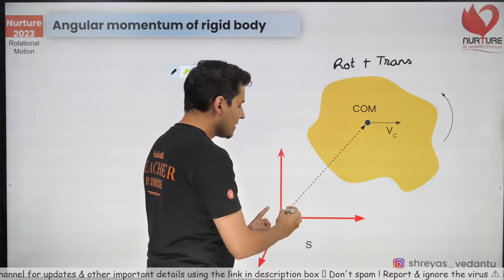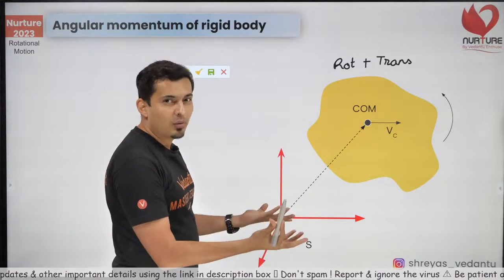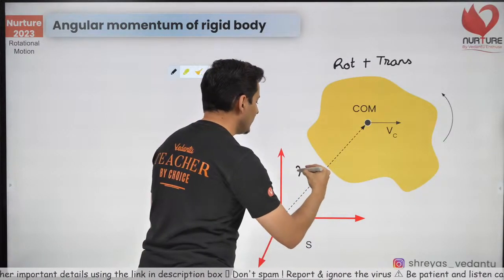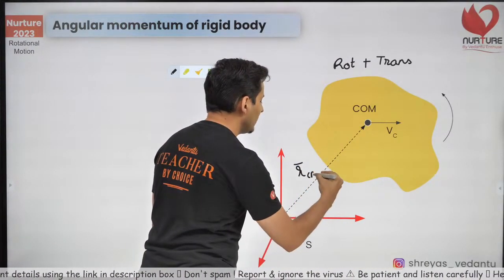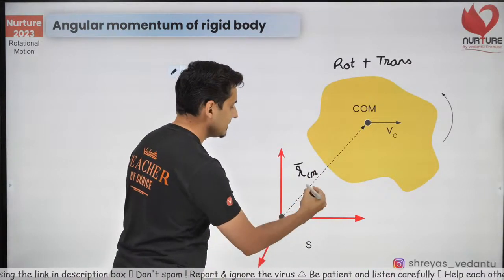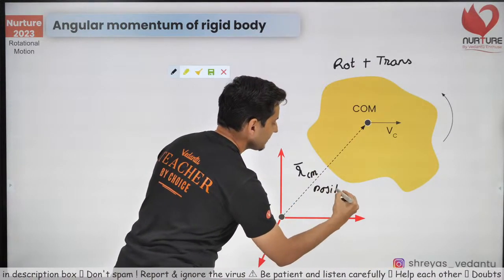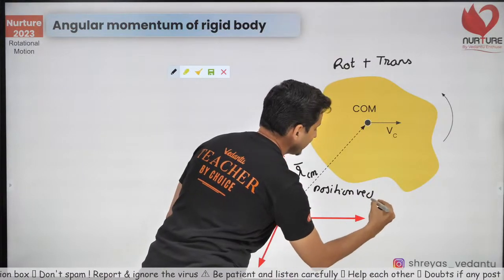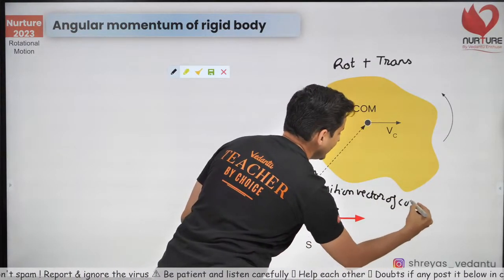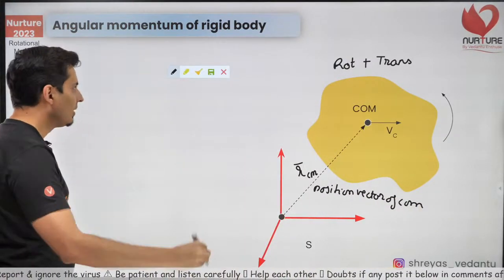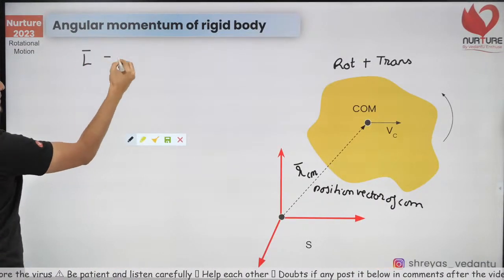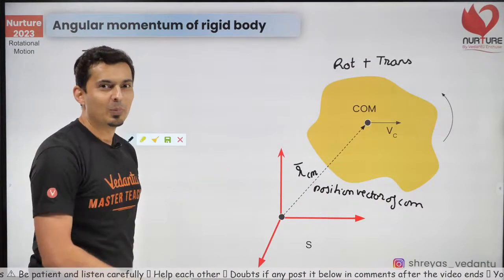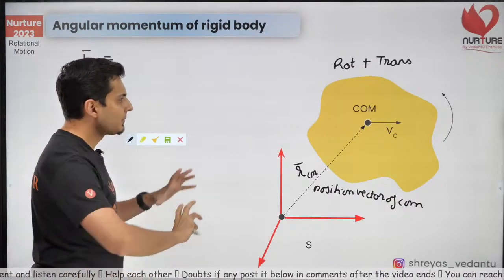You should know from the point where you want to find the angular momentum, you should know the distance. So this is the position vector of the center of mass. Now the total angular momentum is the sum of two terms.